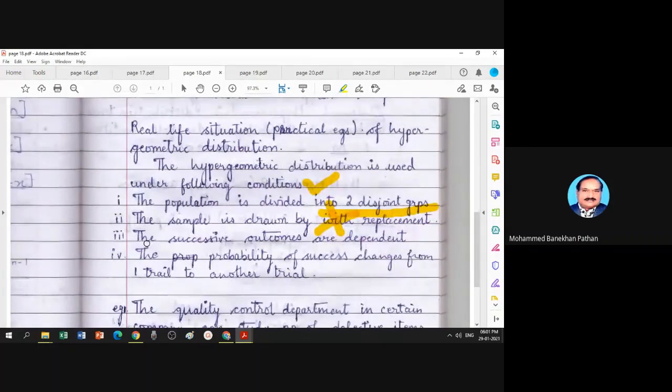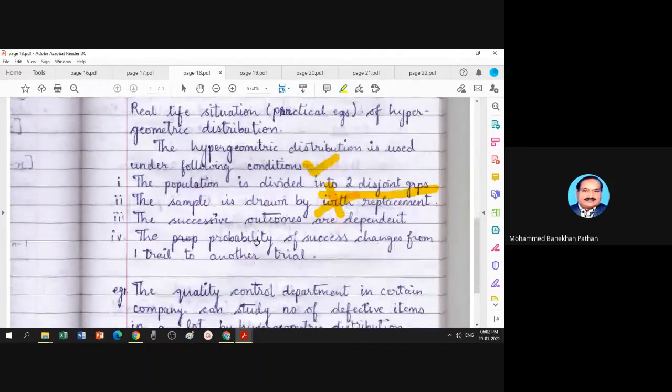Third condition is that the successive outcomes are dependent. And the fourth condition is that the probability of success changes from one trial to another, because under without replacement you are not replacing the selected item back, so there is a reduction in the probability.